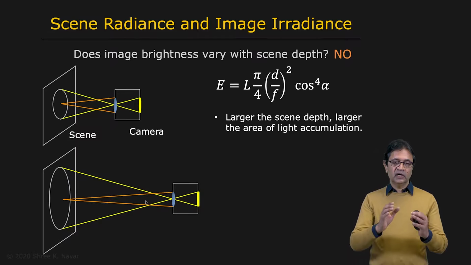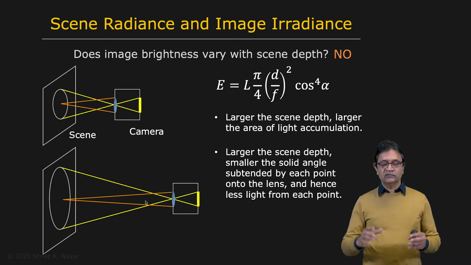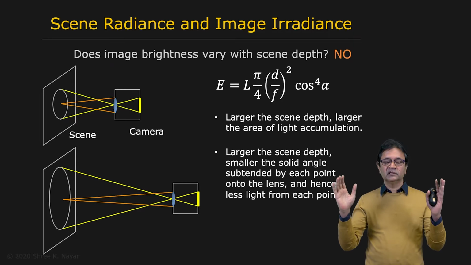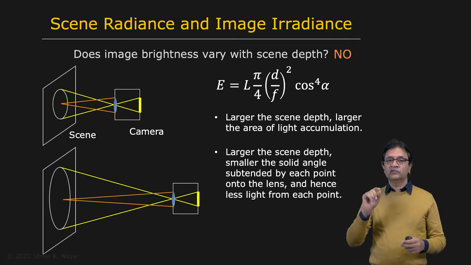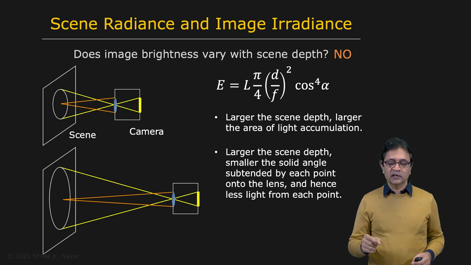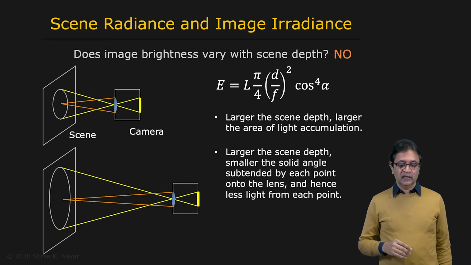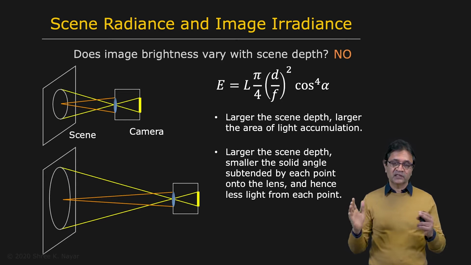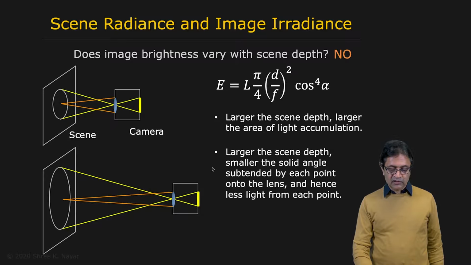So while a pixel accumulates light from a larger area as you move back, from each point within that area, it's actually collecting less light because the solid angle that the lens subtends with respect to each point is dropping. These two effects cancel each other, as a result of which image irradiance is independent of scene depth. Very interesting property.